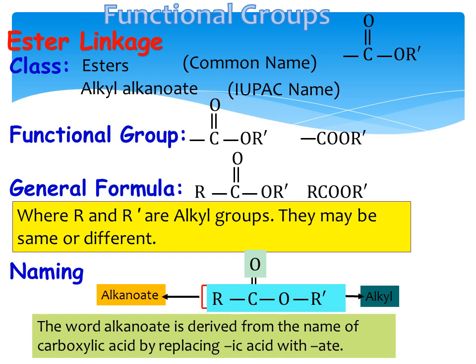Here you replace the e of alkane with oate, or you can say ic acid is replaced by ate, because all the aldehydes and esters get their names with help from the name of the king, that is, the carboxylic group.